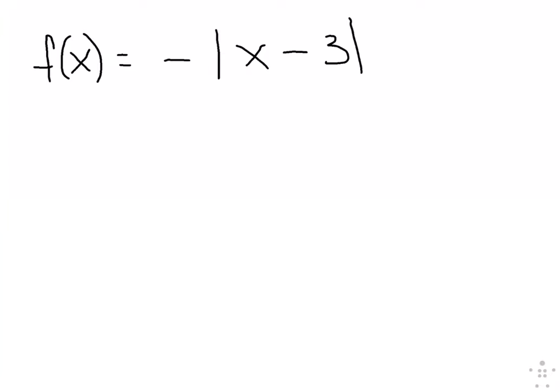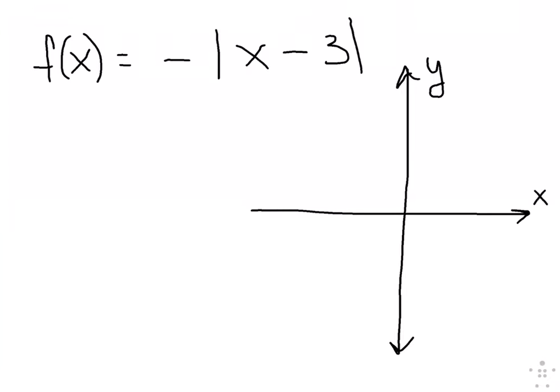So, what's the parent? It's the absolute value. And how'd you know? Because there's absolute value. Right. It makes it a V. Okay, so the absolute value is a V. Now, as far as the transformations that take place, is there a negative in front?